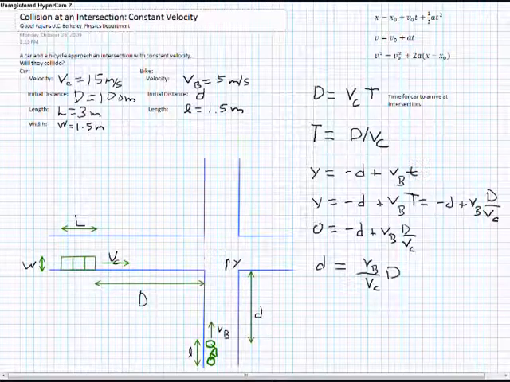So if we want to find out whether or not the bicycle is going to clear the intersection, we just have to figure out how far into the intersection the bicyclist has to be.